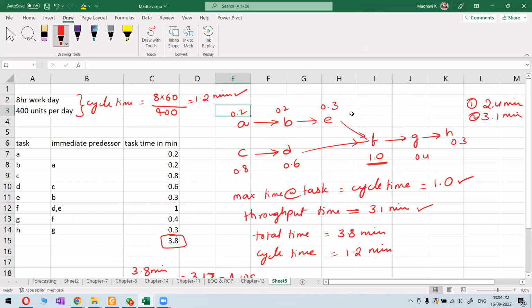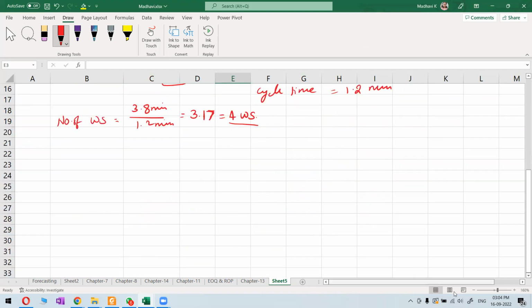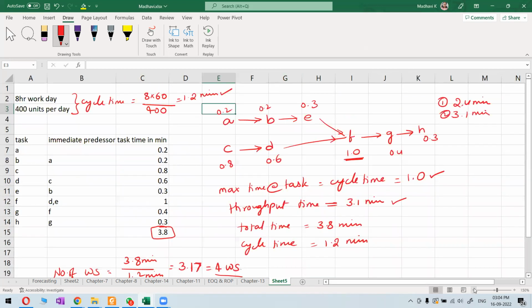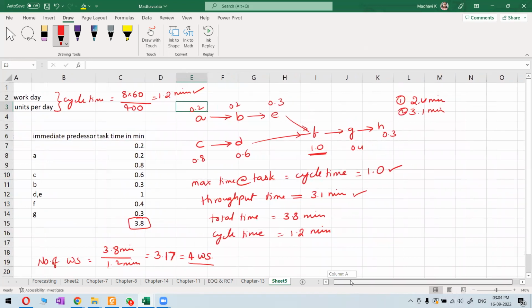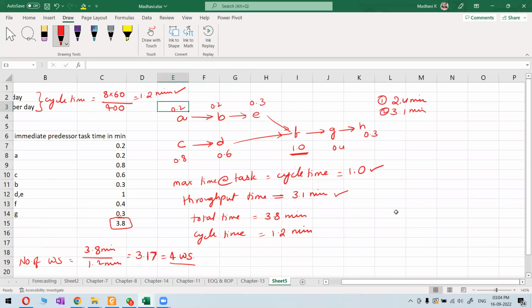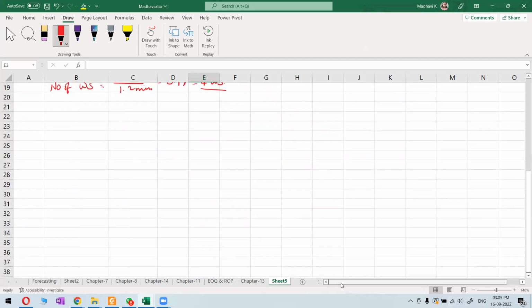Let me draw this diagram one more time below, or maybe I'll just zoom out. So here, just give me 1 minute.